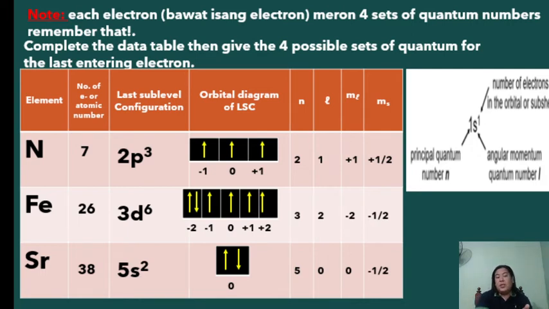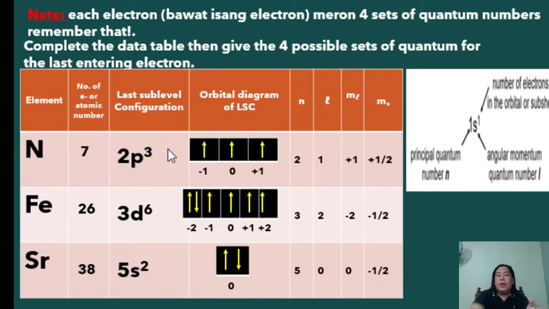So doon sa representation ng data table ko, yun na lang ang nilagay ko, yung last. Hindi ko na nilagay yung complete electron configuration of these 3 particular elements para hindi na mahirapan. Pero the important thing is you know the concept where to find the last entering electron, and that is the last sub-level configuration. Nandito siya sa 2p3.